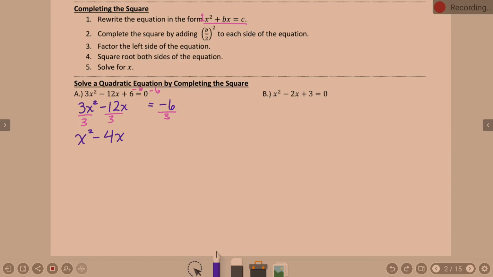I am definitely leaving a gap there. Hint, hint. And then negative 6 divided by 3 is negative 2. Okay. That's step 1, folks. Step 1, rewrite the equation in this form. We did that. I have x squared plus bx equals a c value.